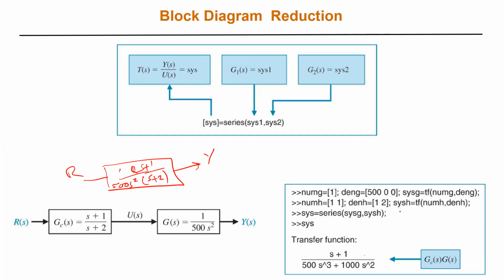Call it system H. Now combine them. sys equals series of sysG, sysH. It will give you the result. So as I said, MATLAB will program the system for you.